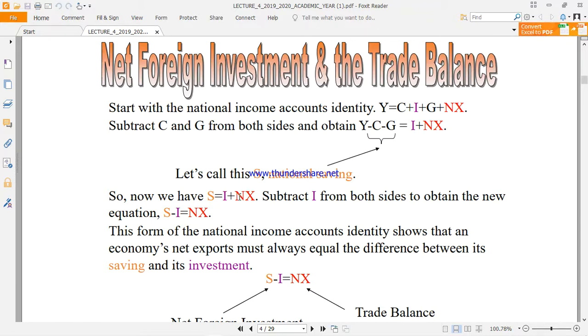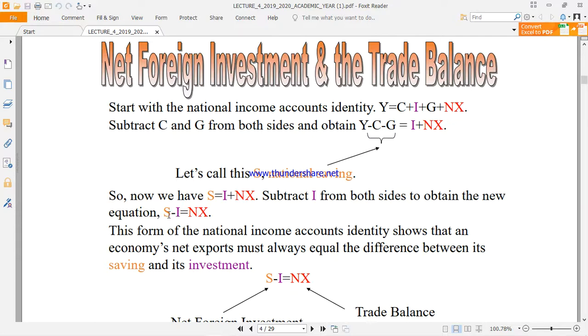Now let's do some manipulations. If we subtract investment on the left hand side, and we also do the same on the right hand side, the negative investment and the positive investment are going to cancel, but on our left hand side, we're going to remain with savings minus investment.